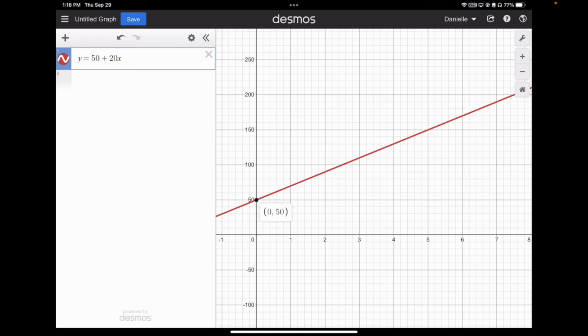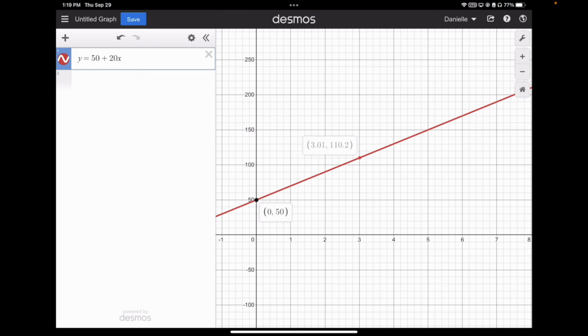And then if you put your finger along the graph or your mouse, which might be easier, I'm using my Apple Pencil here, you can find ordered pairs. Now this one's being a little finicky with me, but it is 3, 110.